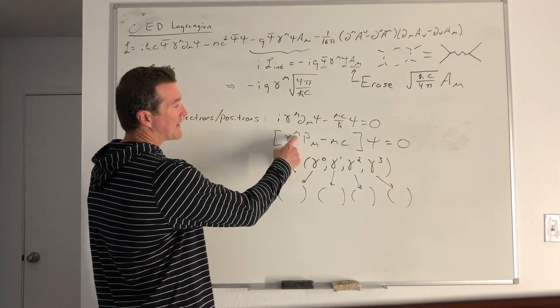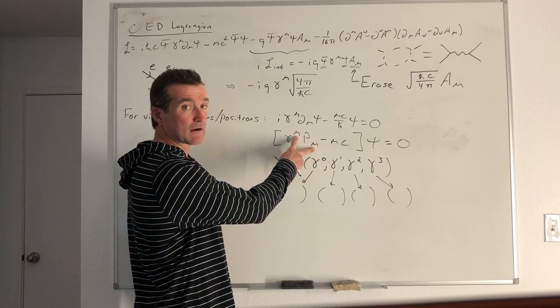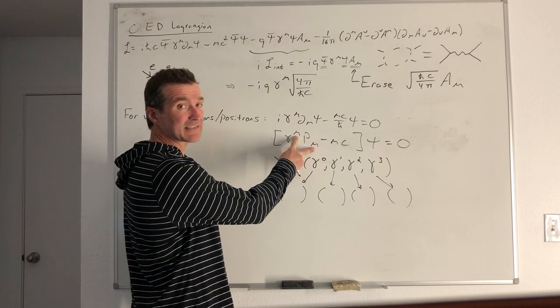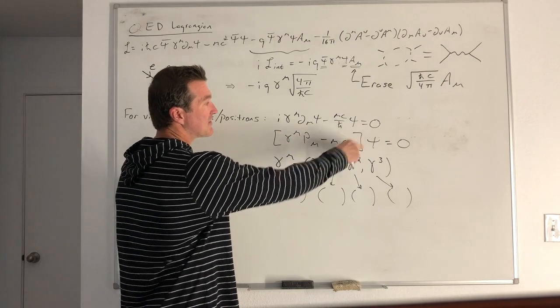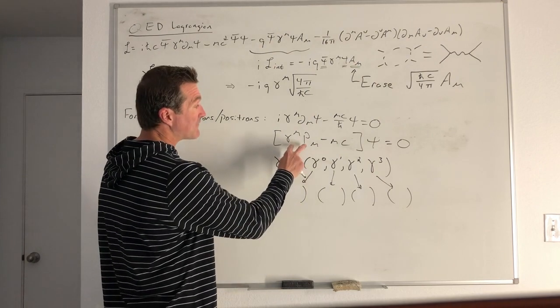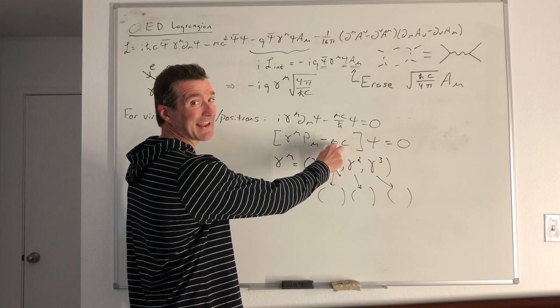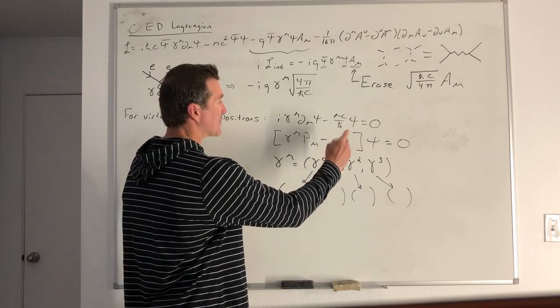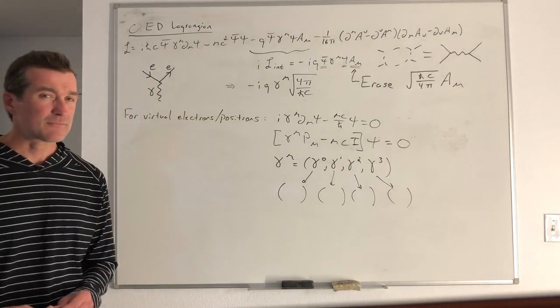So when I say that we contract that index with that index, making this a space-time scalar, it is a space-time scalar, but it's still a matrix that acts in spin space. So this thing is a matrix. In fact, if I have a matrix here and I'm subtracting a number from it, then that means I have to have the identity in spin space over here, which I could write like that. Okay?